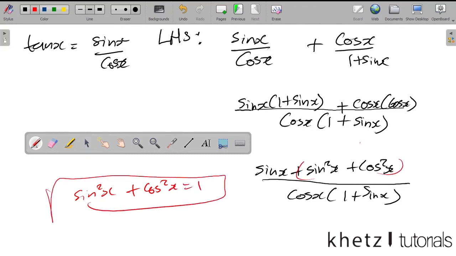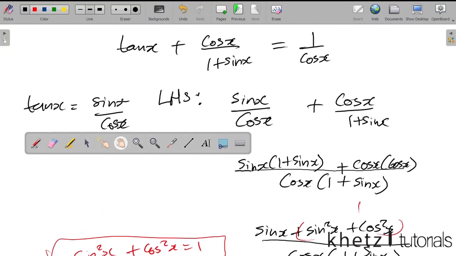So at the top, we're basically going to have 1 plus sine x. So we have 1 plus sine x divided by cosine x multiplied by 1 plus sine x. Then I'm going to just cancel those two out, and that is going to be equal to 1 divided by cosine of x.